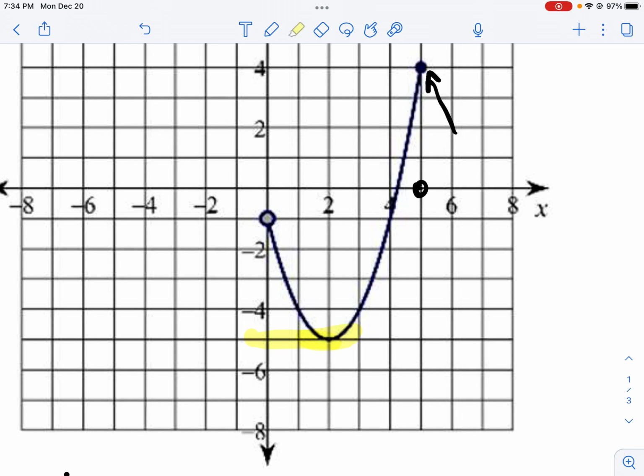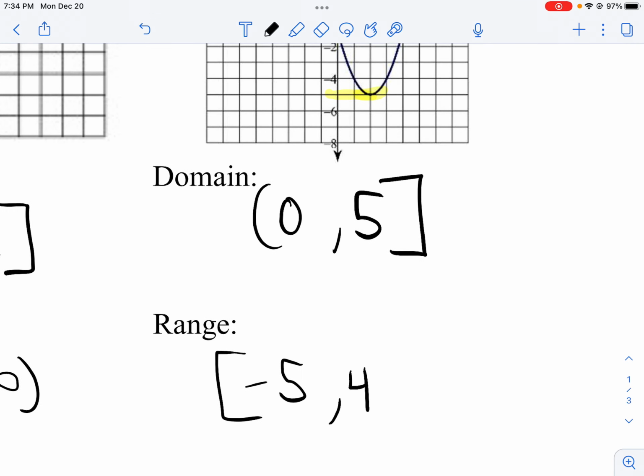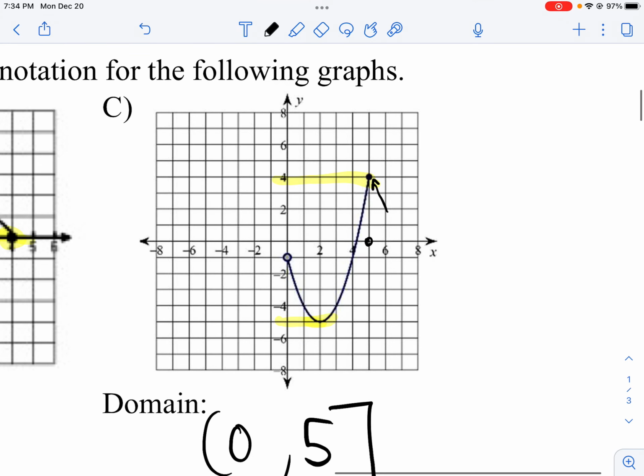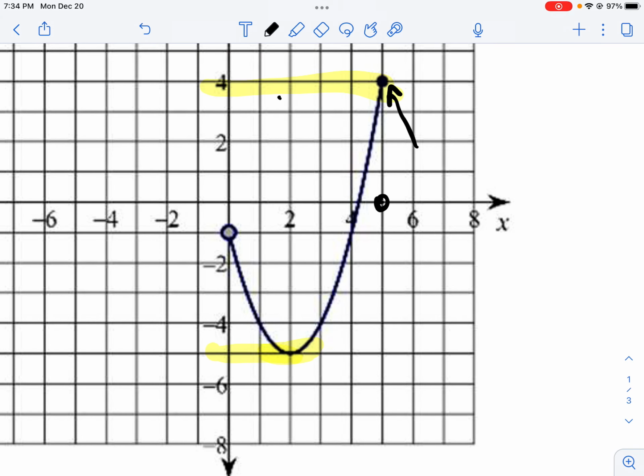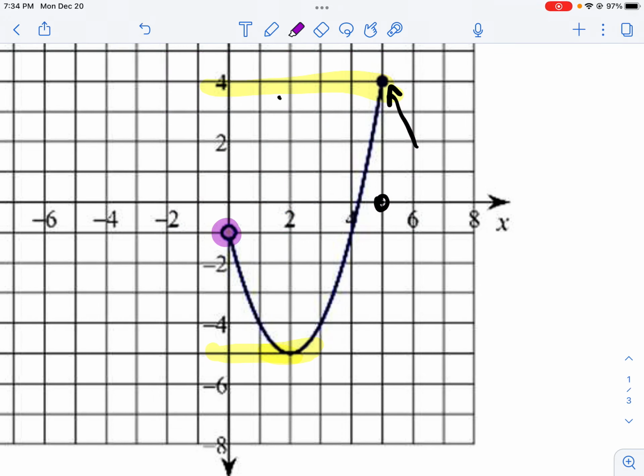And then as we keep going, we'll say, what's the highest point on the graph we see? Well, that's going to be at 4, and then we actually see the closed circle there. Now this open circle that we see over here on the side, that doesn't matter, at least not for range, because you'll notice that on the same y value, we actually have that point.